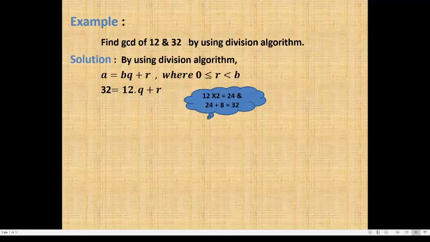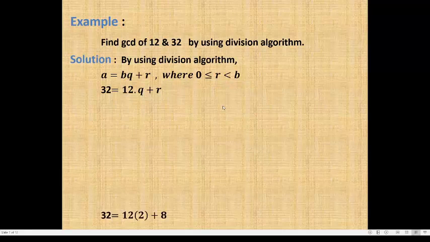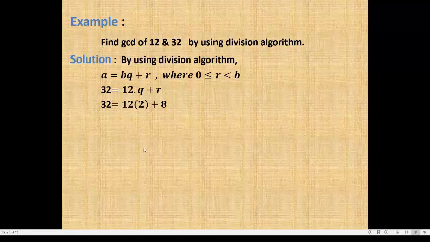So here we get quotient 2 and remainder 8. So 32 equals 12 into 2 plus 8. Now we continue this process of division algorithm till we get the remainder 0. Here the remainder is 8, so we apply the division algorithm to the divisor 12 and remainder 8. Here we consider 12 as a and 8 as b.